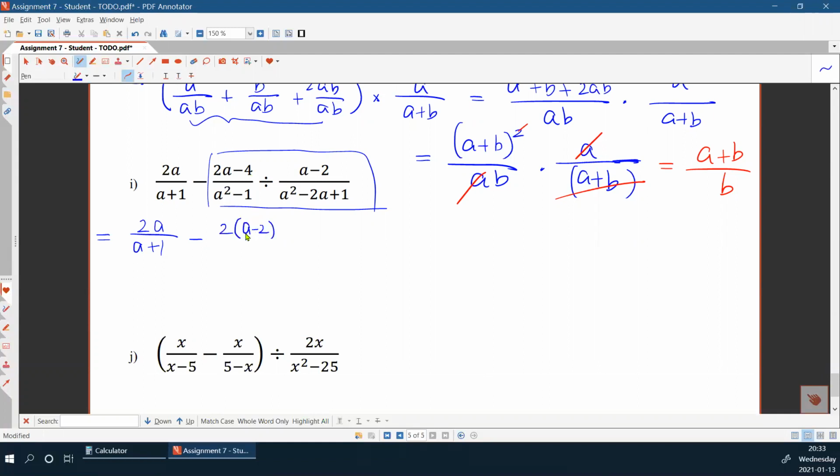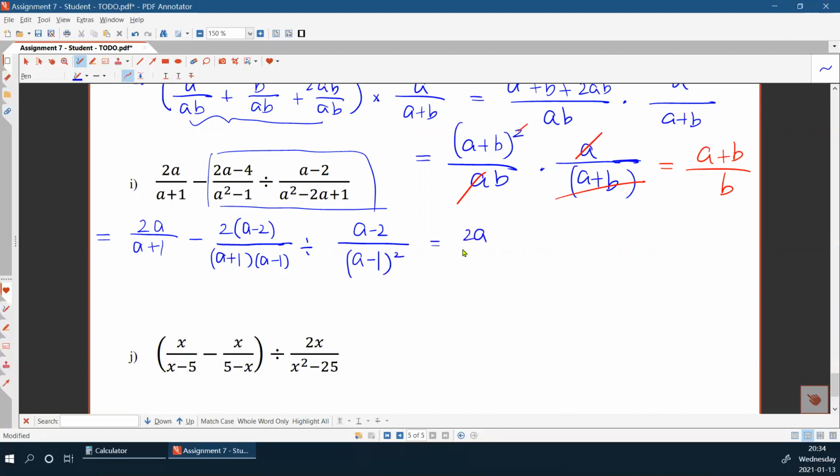This first one is 2 times (A minus 1), and A squared minus 1, according to the formula, is (A plus 1) times (A minus 1), divided by (A plus 2), A minus 2, sorry. A squared minus 2A plus 1 is (A minus 1) squared, right?